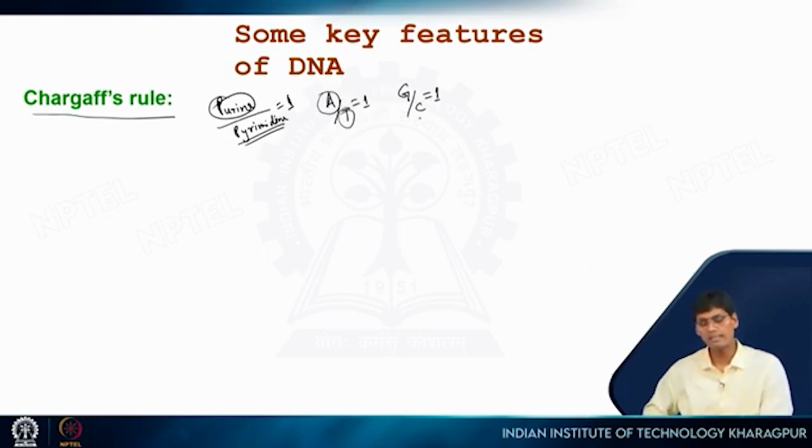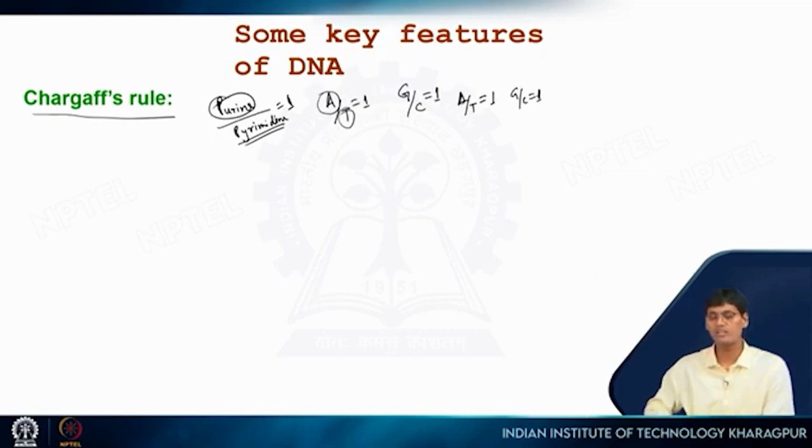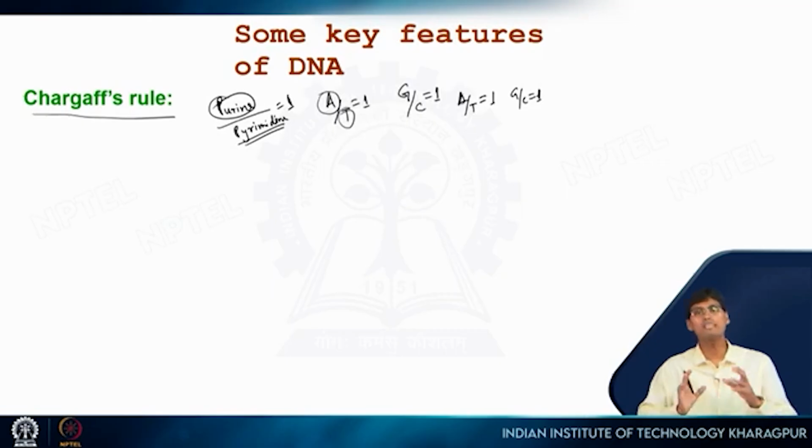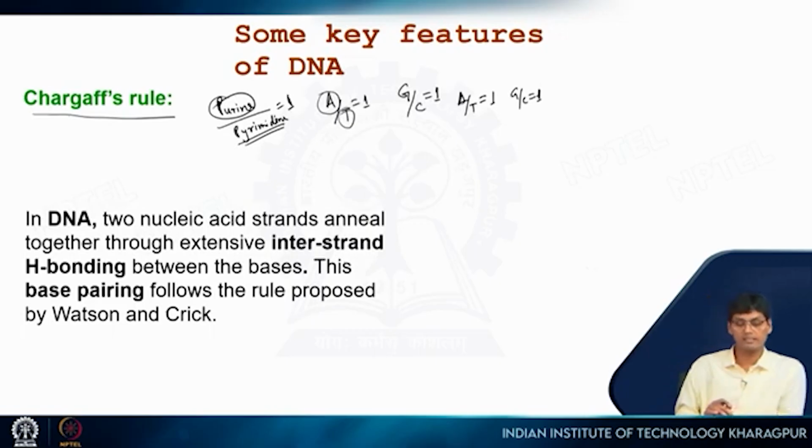So I can say that A by T equals 1 and G by C equals 1 in the case of DNA. This actually helped Watson and Crick understand the DNA structure quickly. It means some specific base pairing is present there, which is very important.